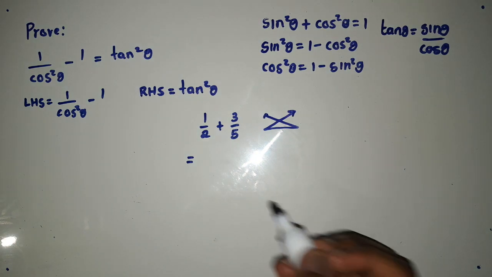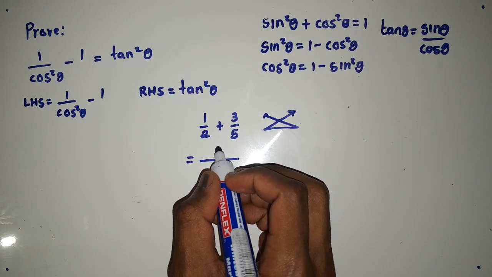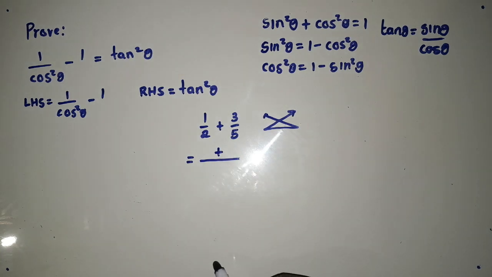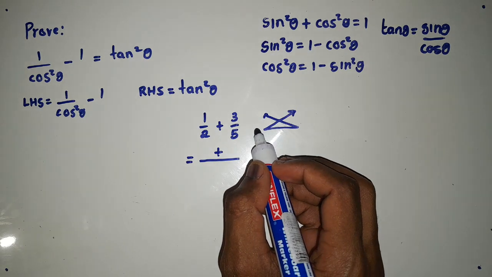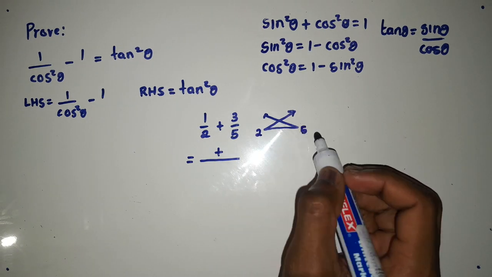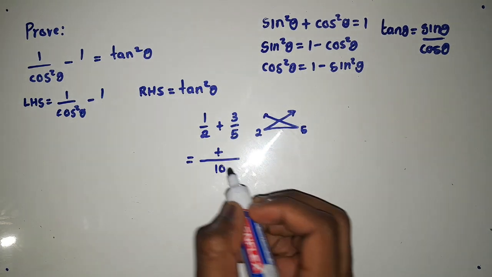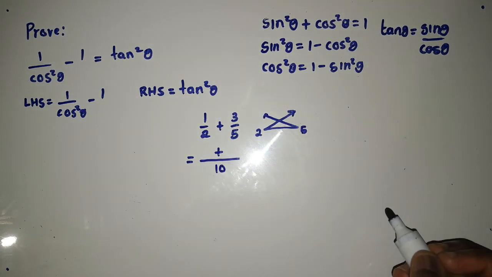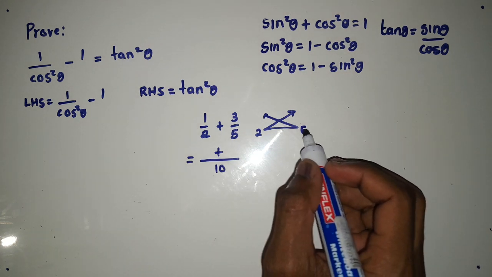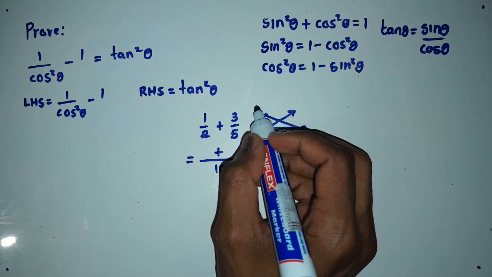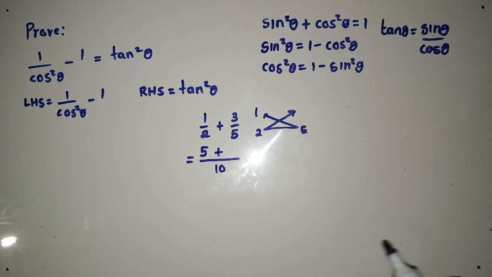I write a line like this, then I keep the plus sign on this side, then I multiply my denominators, 2 and 5. 2 times 5, I get 10. Then I say 5 multiplied by 1, I get 5, and I write 5 here.